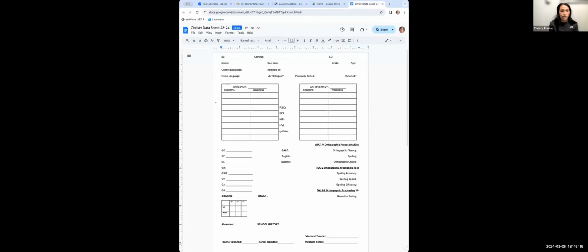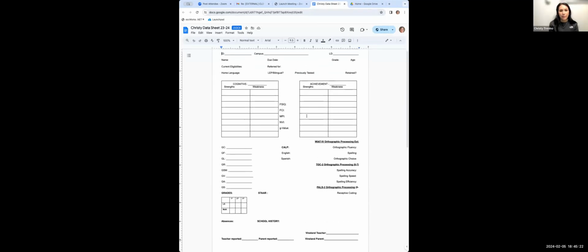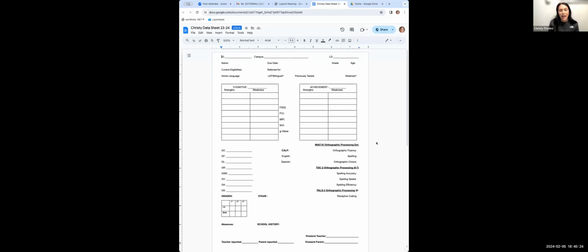Christy, do you want me to share that data sheet? I think I've got it now. Yes. Okay. Can you see it? Yes, I can. This is the data sheet, and I'm willing to share this with everyone. This is just to help me understand and to help write my report.